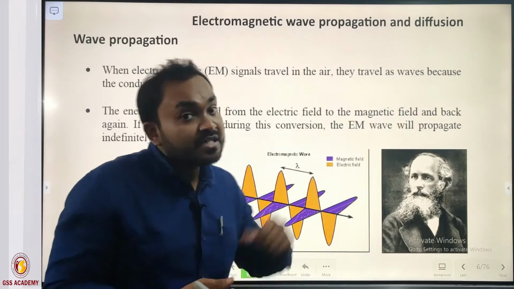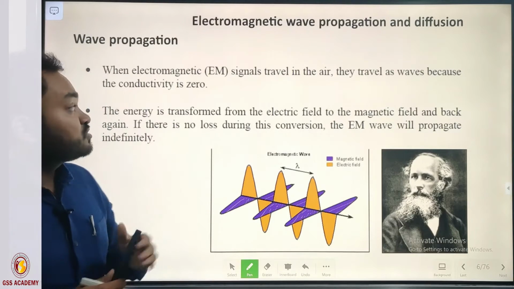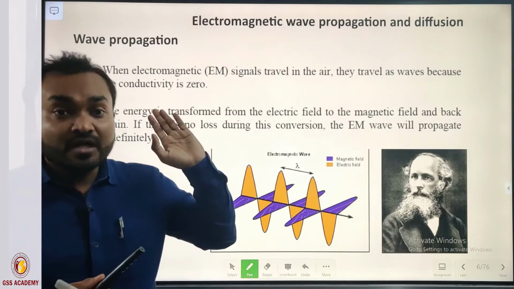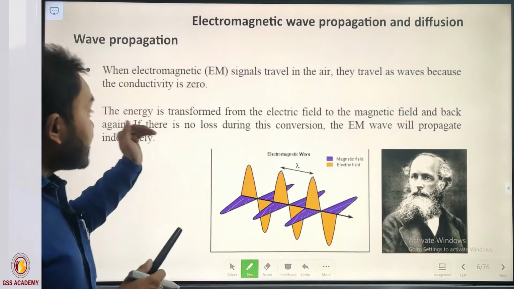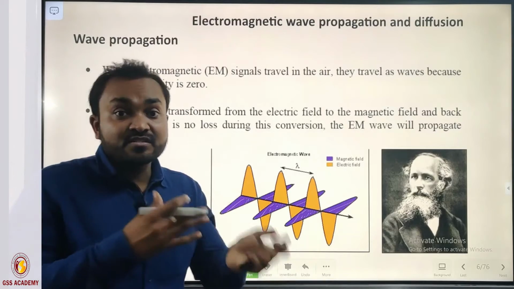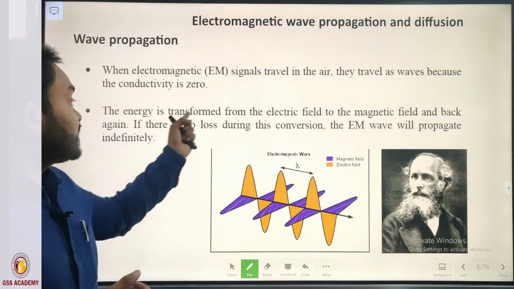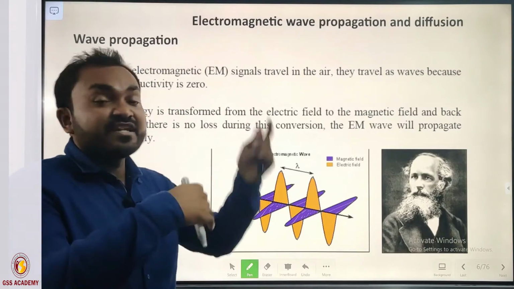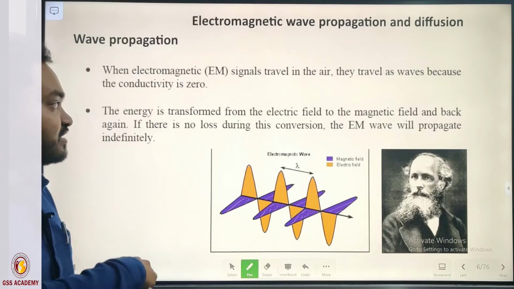Here there is no conductivity, so they travel with wave properties, and energy is transformed from the electric field to the magnetic field and back again from the magnetic field to the electric field.